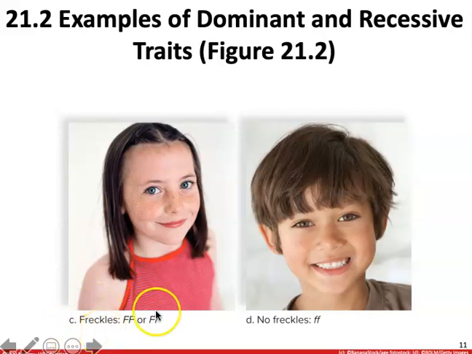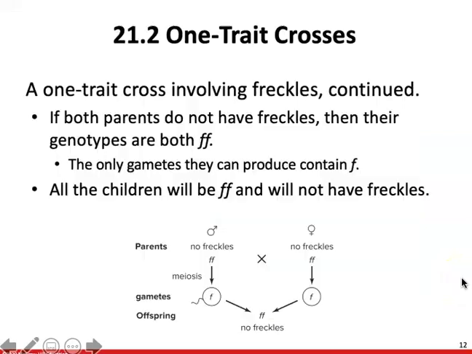We do not necessarily know if this individual is homozygous dominant or heterozygous based on the information that we have at this stage. So we're going to look at how a cross would go between two parents who don't have freckles. If both parents do not have freckles, then their genotypes are both going to be ff. They're both going to be homozygous recessive.